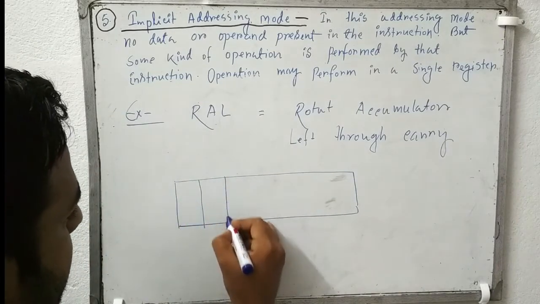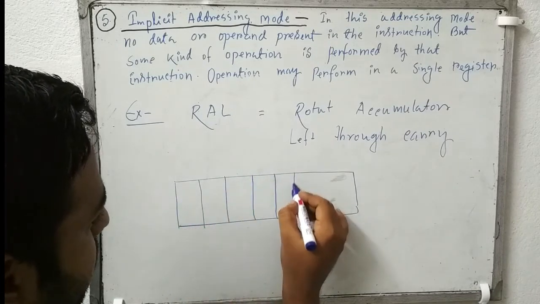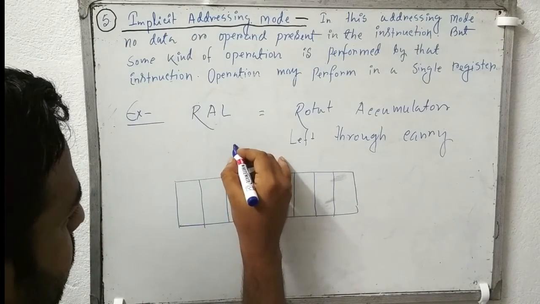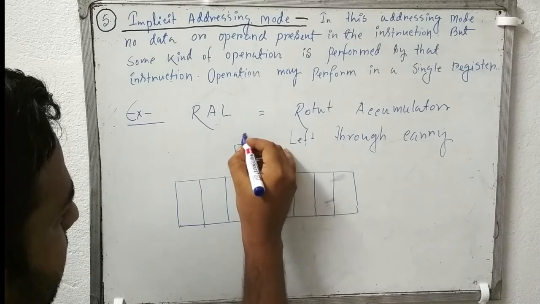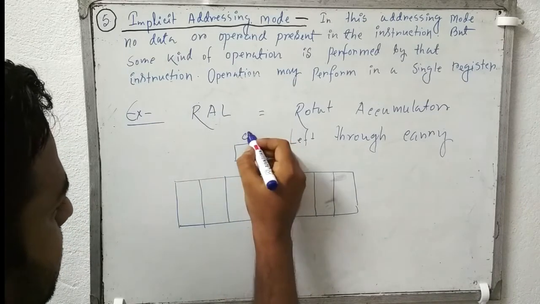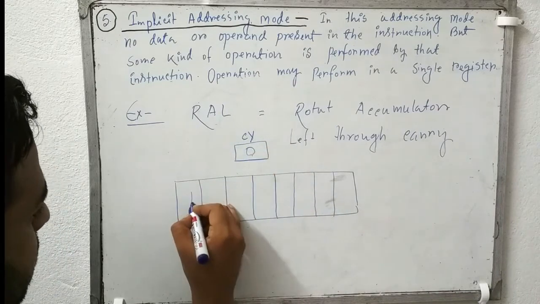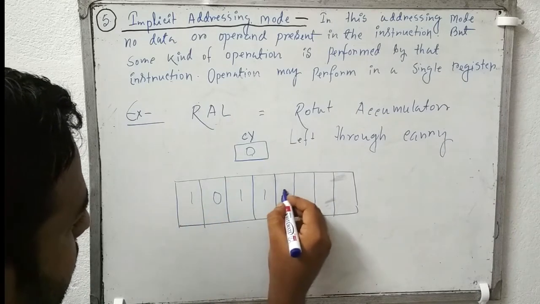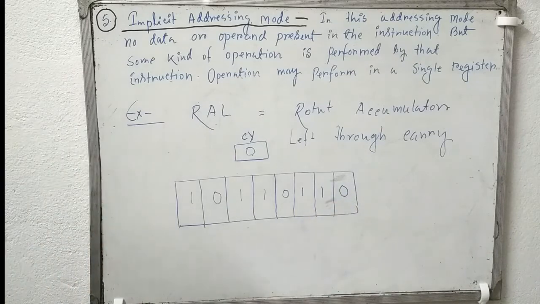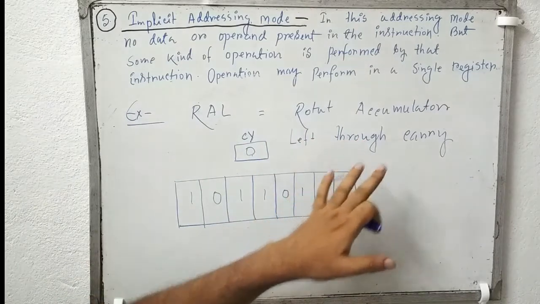There is also 8-bit data available in the accumulator, and there is one carry flag, CY. Here this is 0, this is 1, this is 0, this is 1 1 0 1 1 0. So RAL means rotate accumulator left through carry.